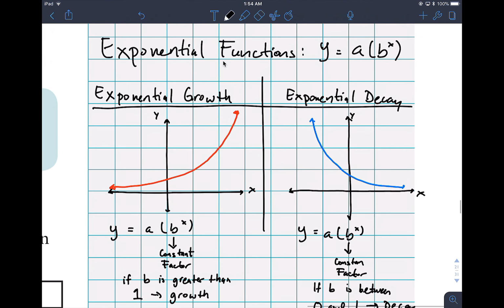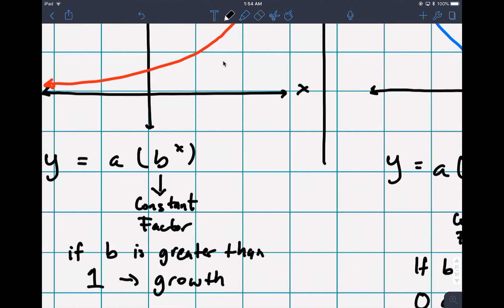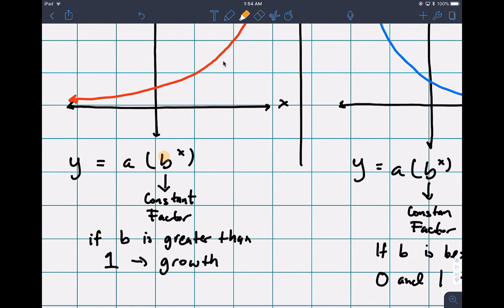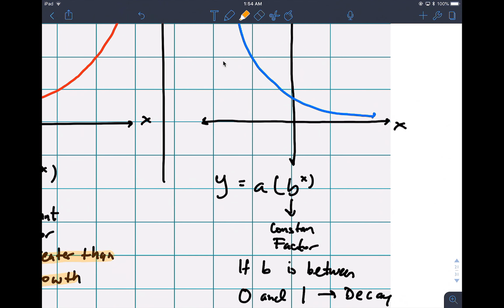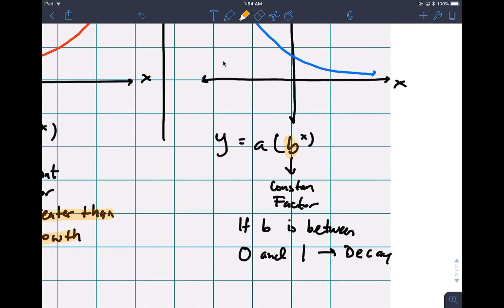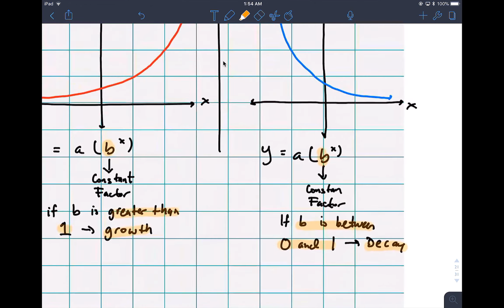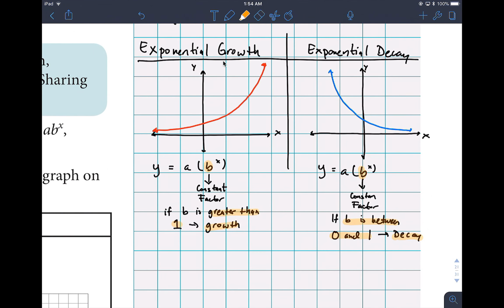So again, depending on what this is, if it's greater than 1, then it's going to be growth. And for decay, if b is between 0 and 1, it's going to be decay. So that determines what the graph is going to look like. So I just want you to make sure you understand that part.